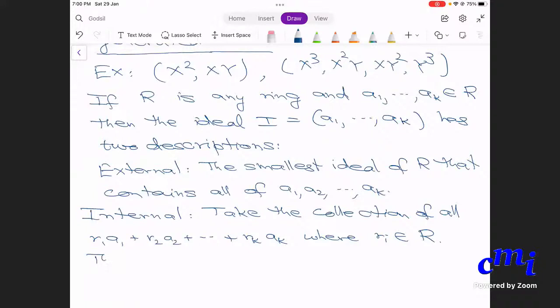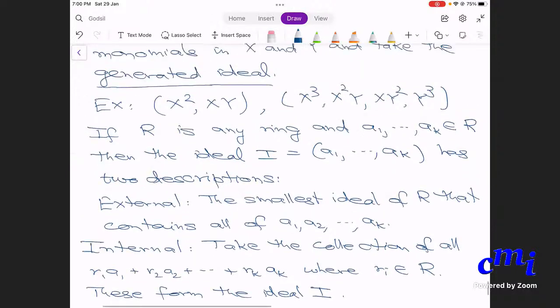So these form the ideal. Okay, so these are two descriptions of the ideal generated by a set of elements.